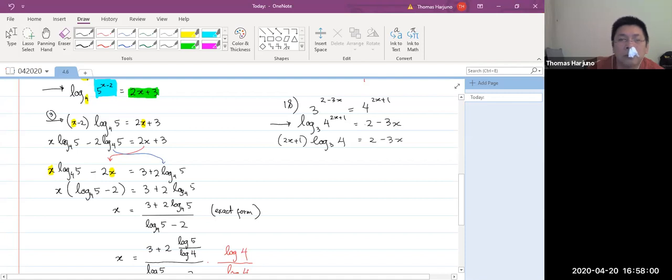Then I distribute this to the constant, log base 3 of 4. Then I have 2x log base 3 of 4 plus log base 3 of 4 equals 2 minus 3x.